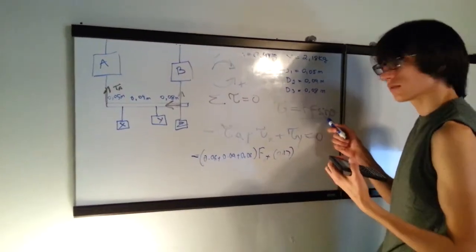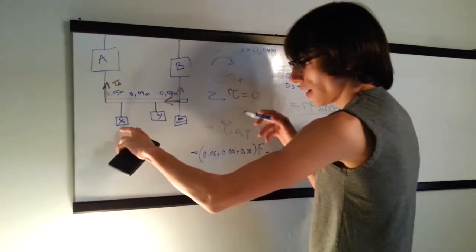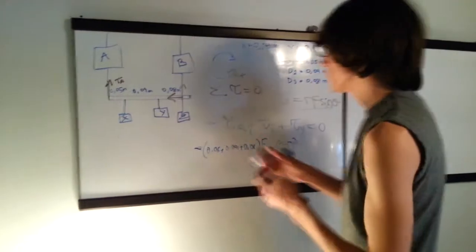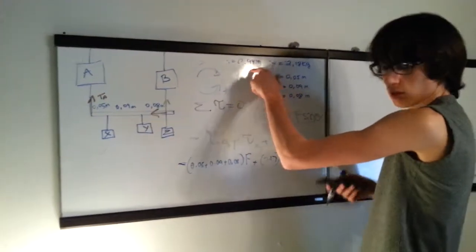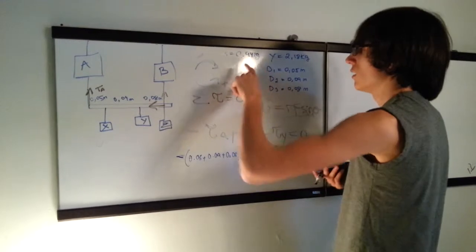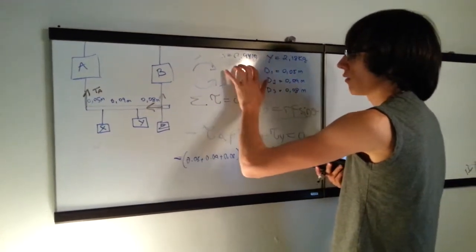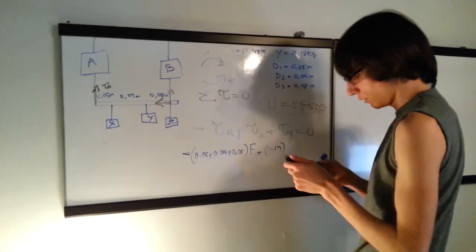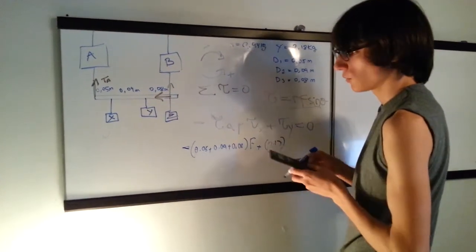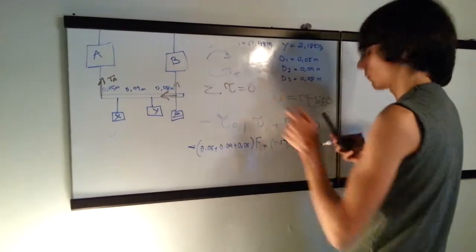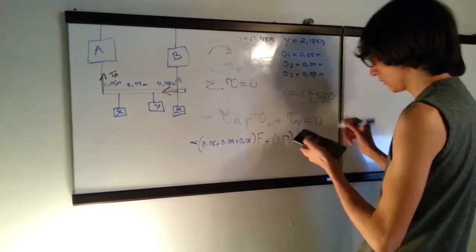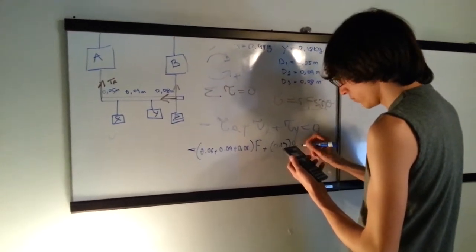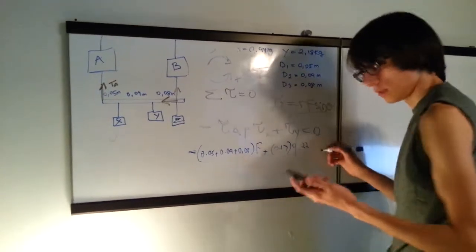Now our force is actually the weight of the X block. So the weight of the X block is equal to 9.8, which is gravitational acceleration, multiplied by our value in kilograms for the mass of X. So in this case, it's going to be 0.94 multiplied by 9.81, which gives us 9.22 newtons.